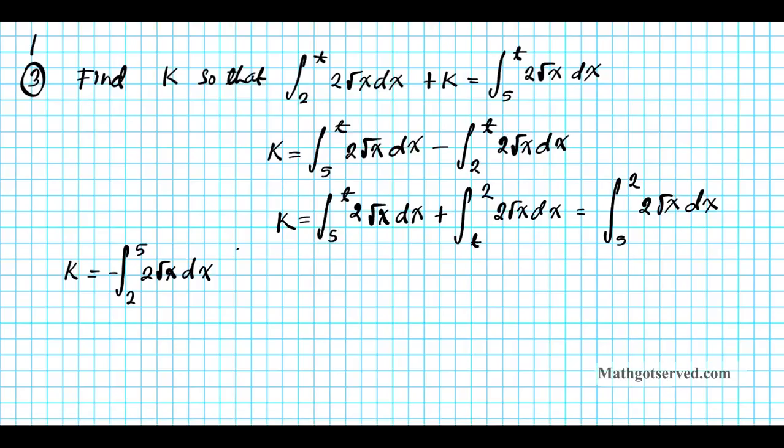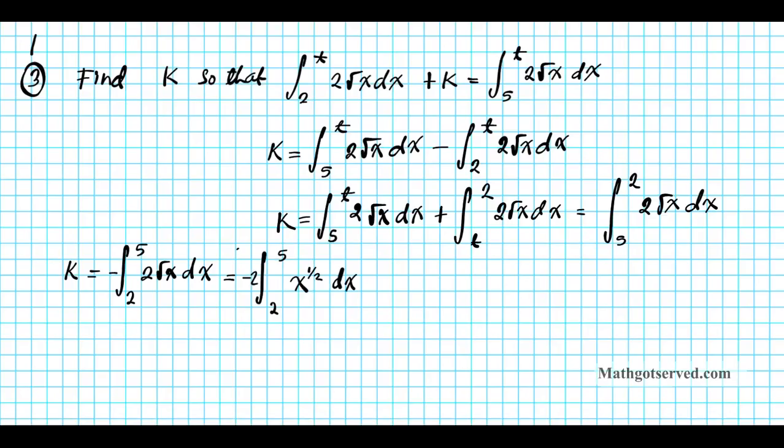So you remember that if you switch the order, then you have to introduce a negative. Let's go ahead and evaluate this integral using the integration rules. Let's factor out -2, from 2 to 5 of x to the 1/2 dx.